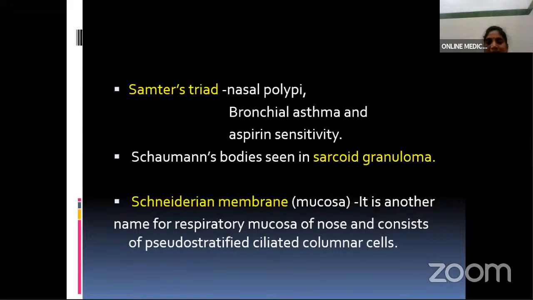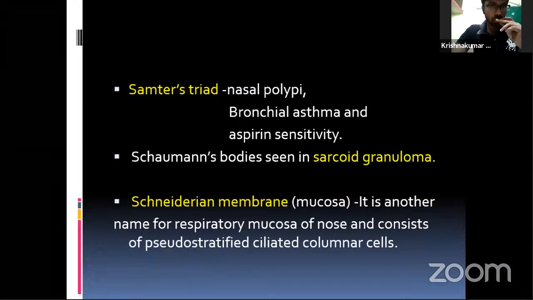Okay, so next is Schaumann bodies. Schaumann bodies are the same like other bodies. This is seen microscopically, especially in sarcoid granuloma. Why are we bothered about it? Krishna Kumar, where does sarcoid granuloma come in ENT? Here, nose or throat? Throat, ma'am.